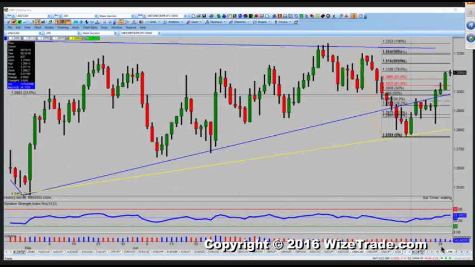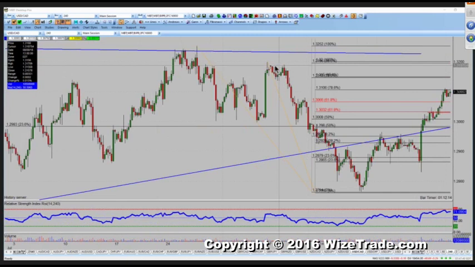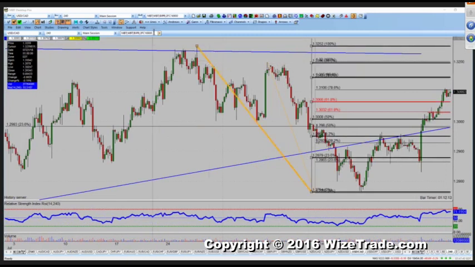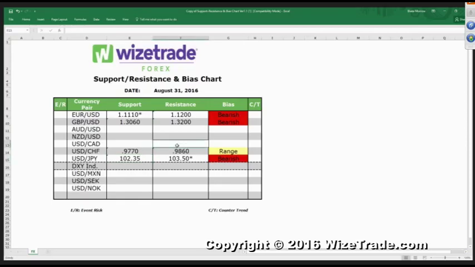Okay, so now of the big move here, you have a 78.6 retracement. This move right here, you have an 88% retracement. That comes in at 1.3150. If we get a spike up to 1.3150, that's going to be major resistance.